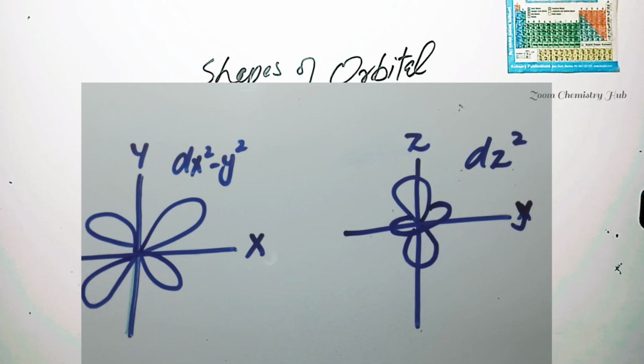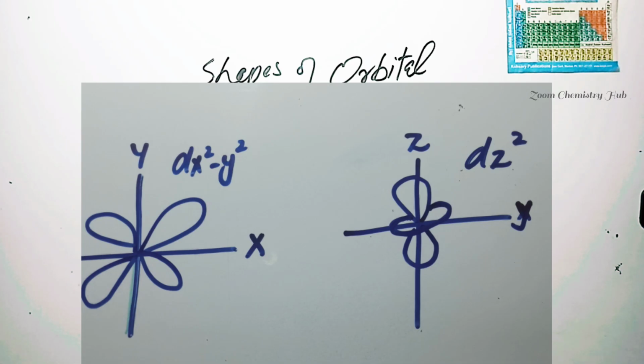And dz square has a shape like the p orbitals, with a ring in the middle of the lobes, that is the ring in the middle of this lobe.